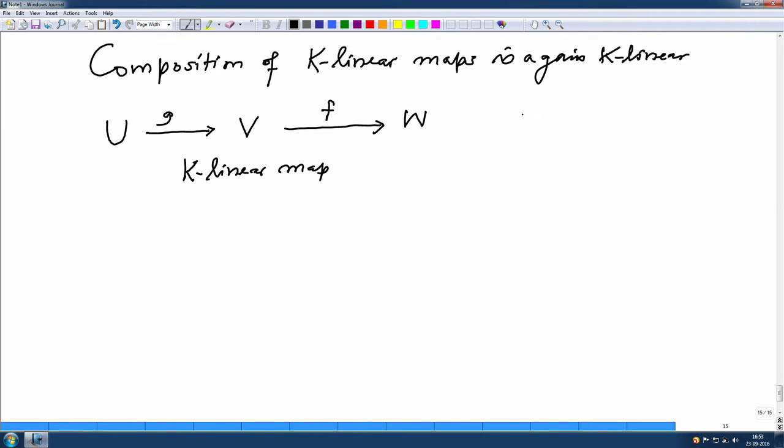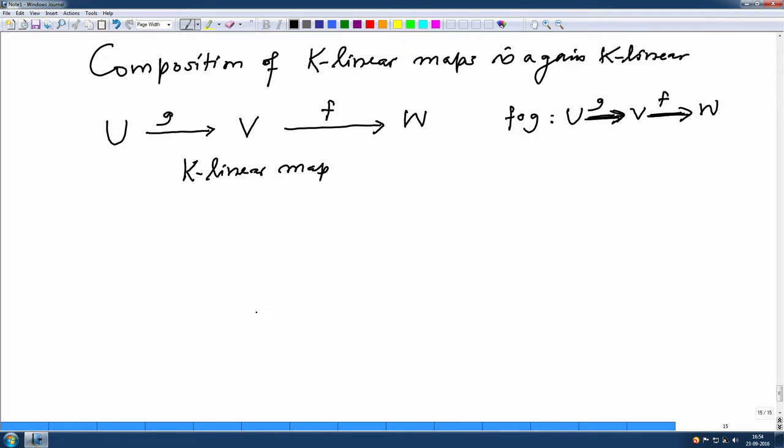Then our composition we denote by F o G. First G, that is from U to V, and then V to W. First is G and then F.